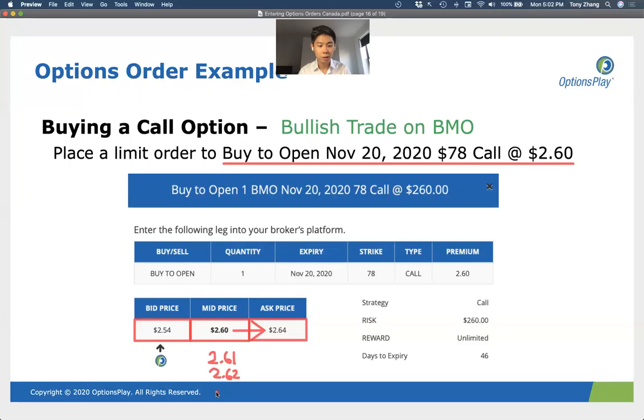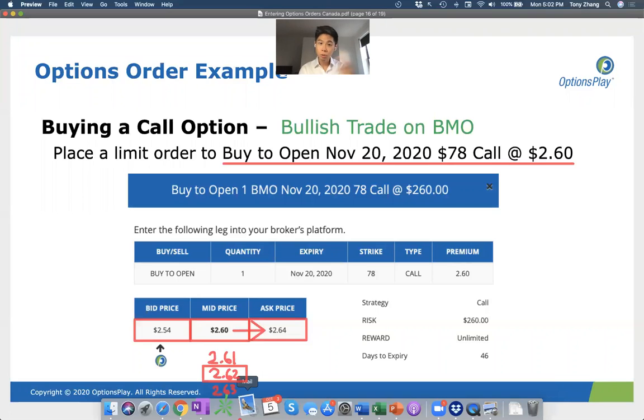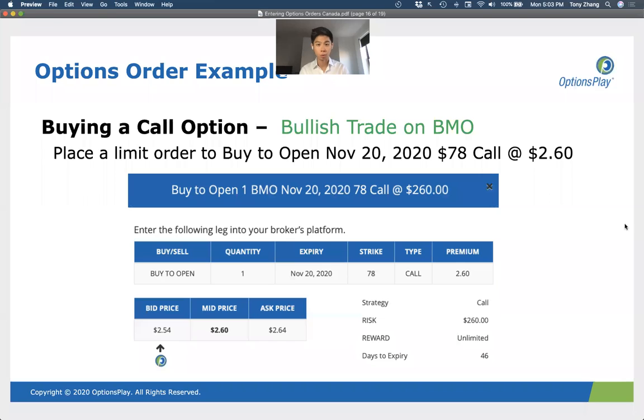But usually if I get to $2.62 and I'm not getting filled, maybe I'll go to $2.63. But I certainly don't think I would necessarily go to $2.64. But you'll tend to find, in my opinion, that you'll probably get filled somewhere around $2.62. So you save yourself 2 cents, that $2 per contract, 10 contracts, that's $20. That can go a long way if you were able to do that on all of your orders.